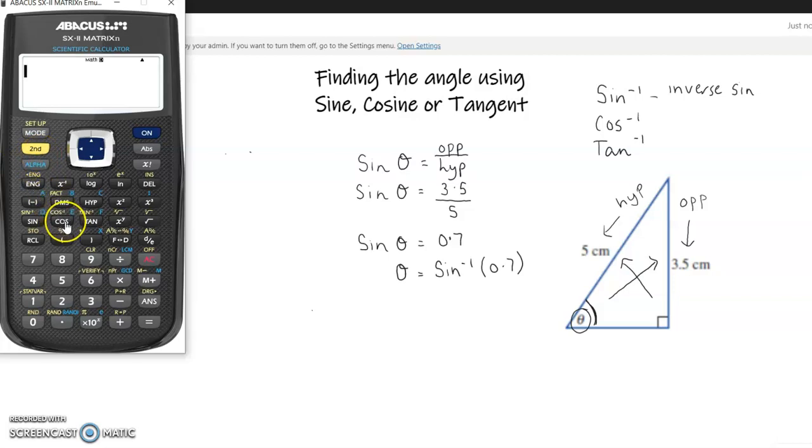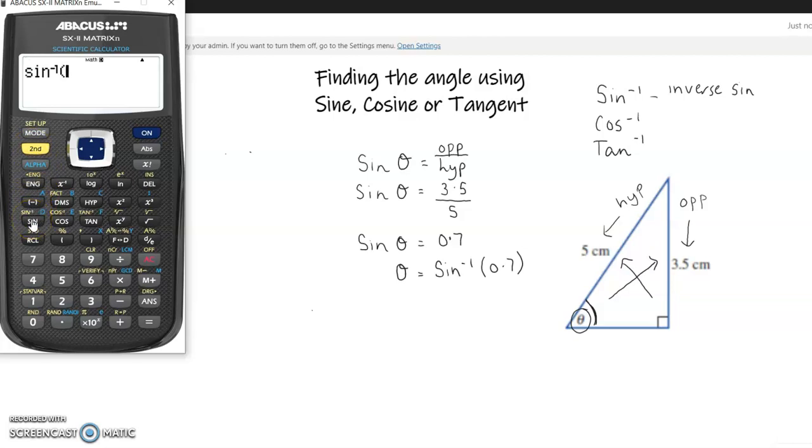You'll notice that above cos, we also have cos to the -1 in yellow. Above tan, we have tan to the -1 in yellow. So all of our inverse functions are above the sine, cos and tan buttons in yellow. And in order to use them, we press the second function first, and then we press sine.